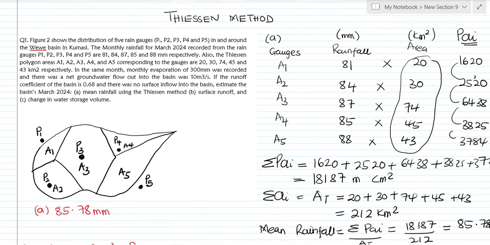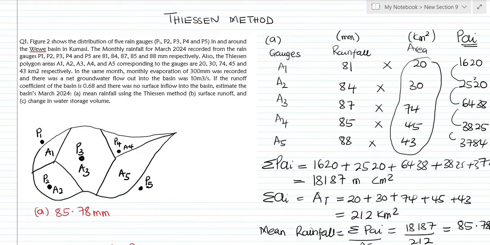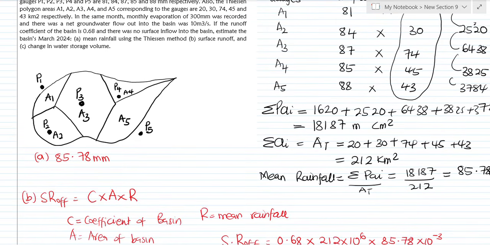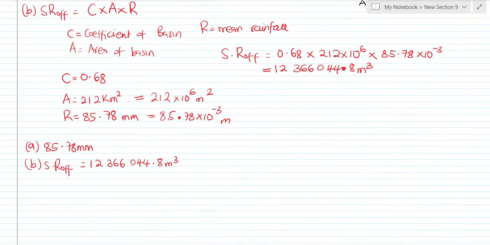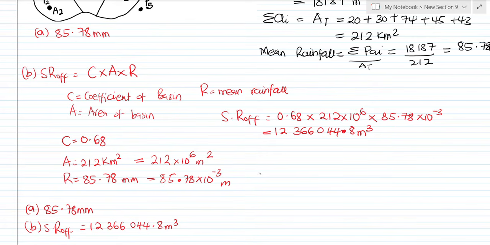Now the next question is asking us to find the change in water storage. This is where the water balance equation comes into it. We know that change in storage is equal to the in minus the out. But this time around, we mostly do it in terms of depth.